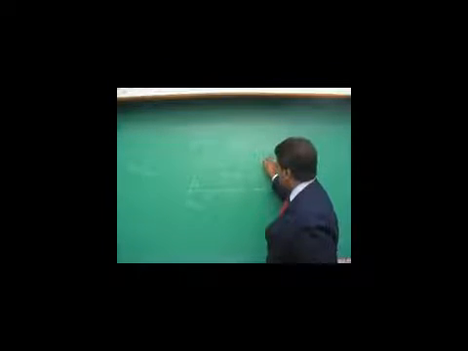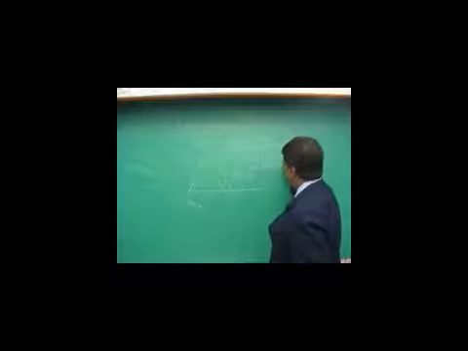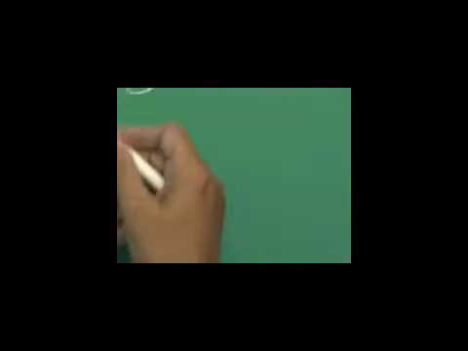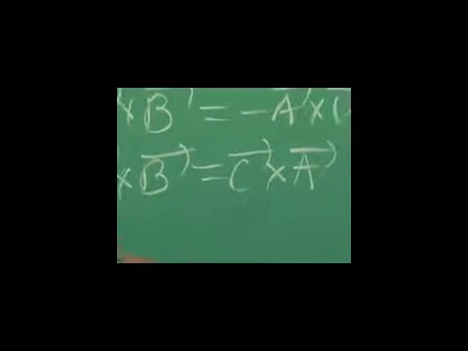So A cross B plus A cross C equals 0. This implies A cross B equals minus A cross C. This further implies A cross B is equal to C cross A.